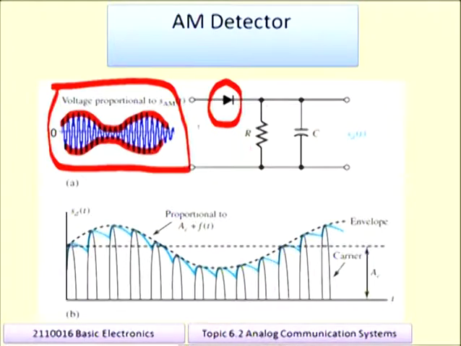So initially this diode will be utilized to pass only one envelope, and then this is basically an RC circuit. This is considered a low pass filter circuit where the capacitor can charge and discharge at the rate of audio frequency, but it cannot charge and discharge at the rate of carrier frequency. The carrier frequency is very large compared to the audio frequency.